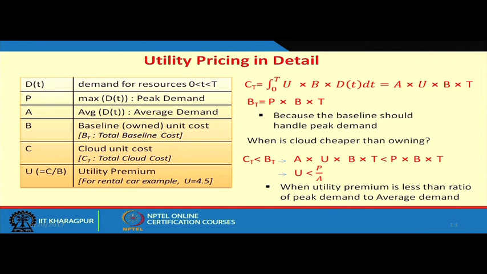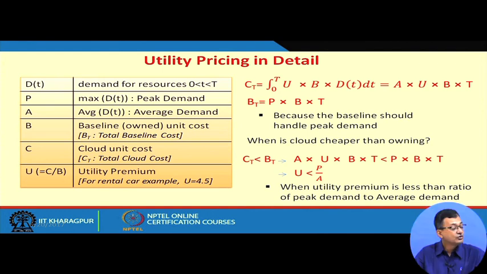Now, if I want to see the overall cloud cost, U times B times the integral of d(t) from 0 to T is the overall cloud cost, which is U A B T. If I want to calculate the overall baseline over time T, it is P, the peak demand, times B times T, because whenever I go for the baseline I have to go for the peak demand to calculate it.